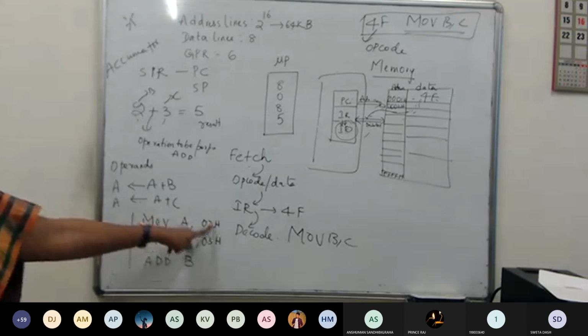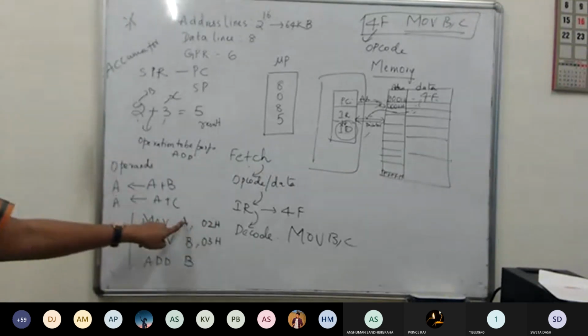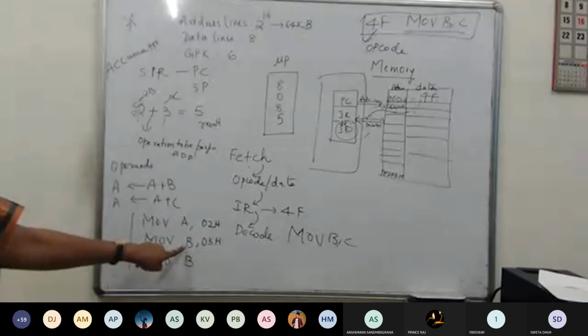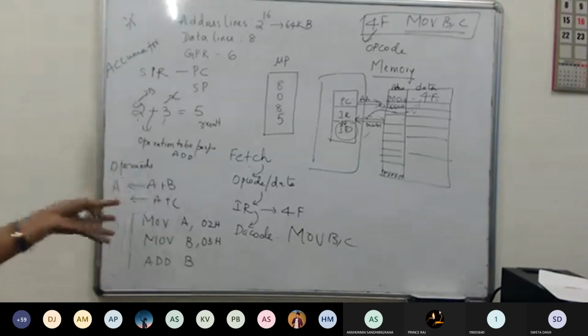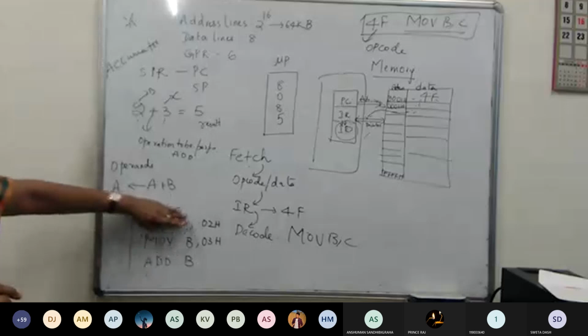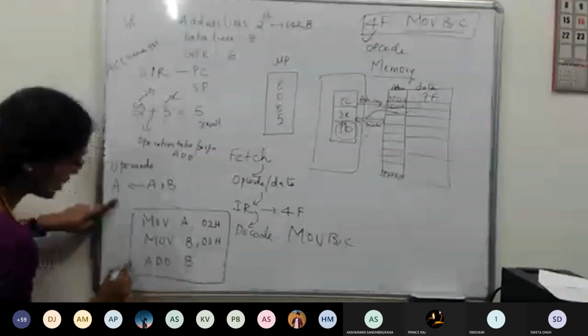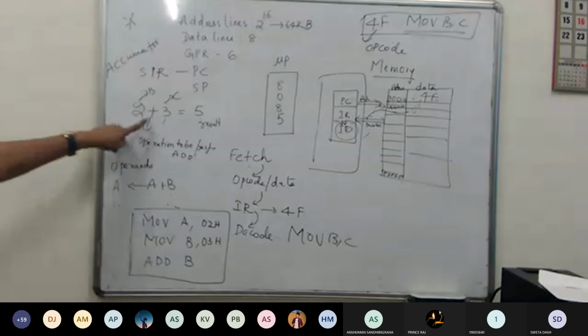I wrote 0, 2 because my operation is fixed. I have to store 02 in A, 03 in B, then ADD B. That means A add B means A plus B and the result is stored in A. So this is the small code which is actually performing this operation.